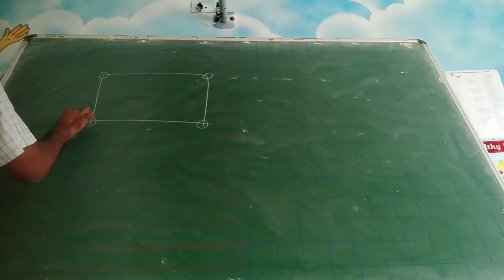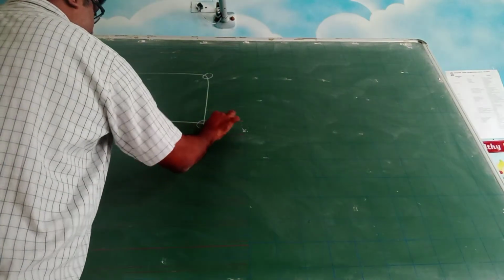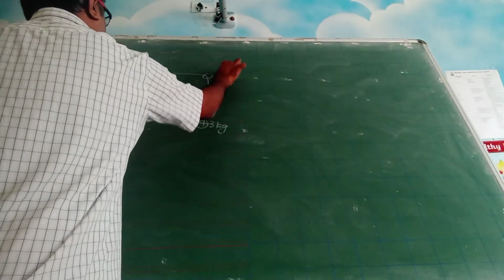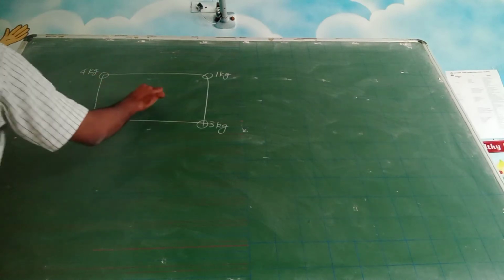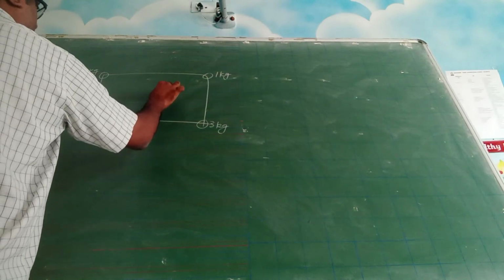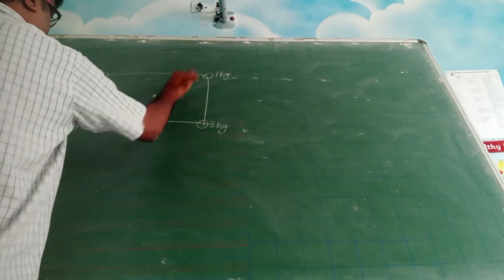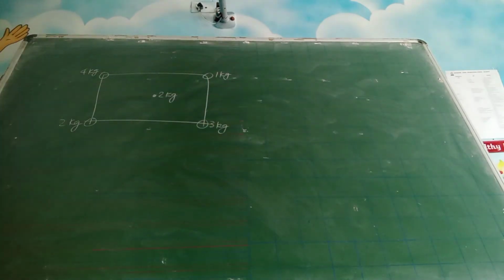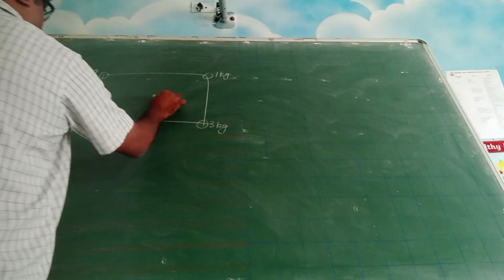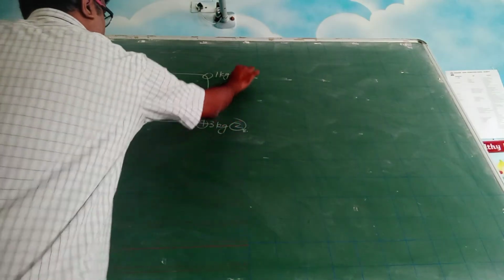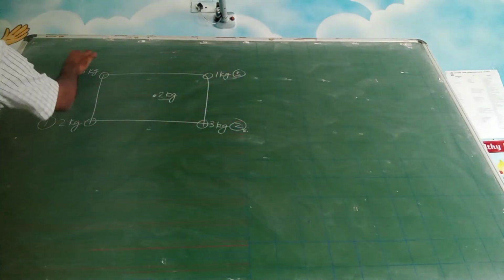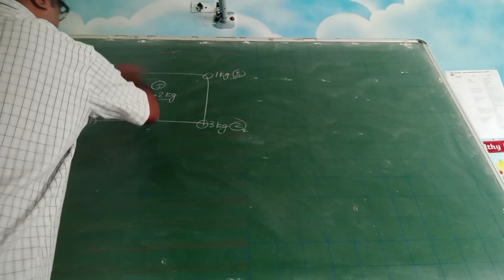I put here 2 kg, I put here 3 kg, I put here 1 kg, and I put here 4 kg, and in the center I put 2 kg, and I ask you to calculate what is the net gravitational force on this mass. We will call them suffix 1, 2, 3, 4 and 5.